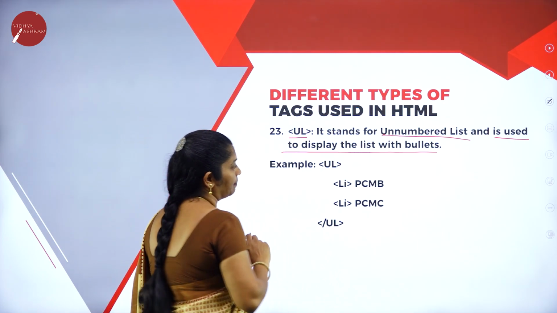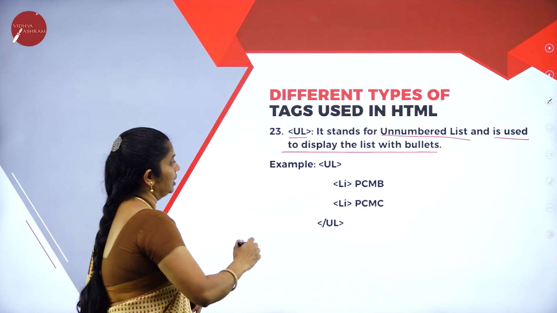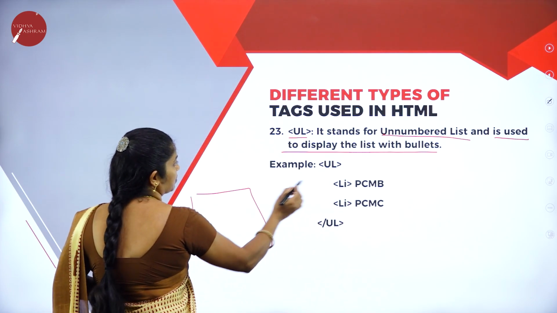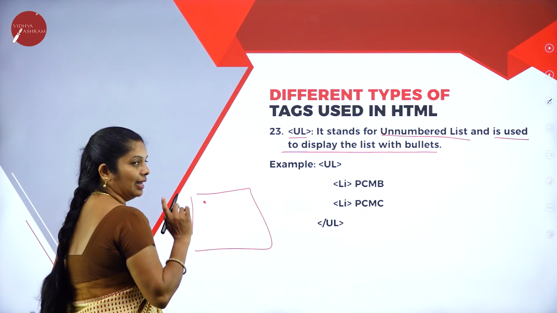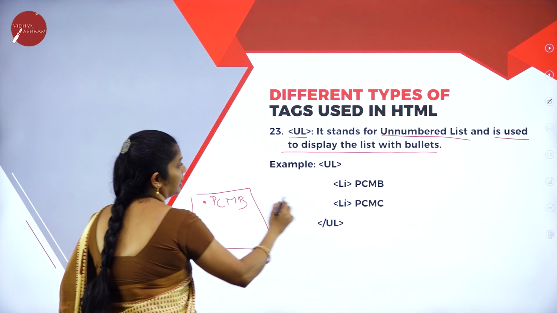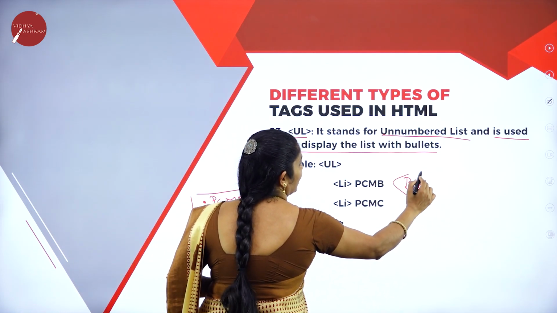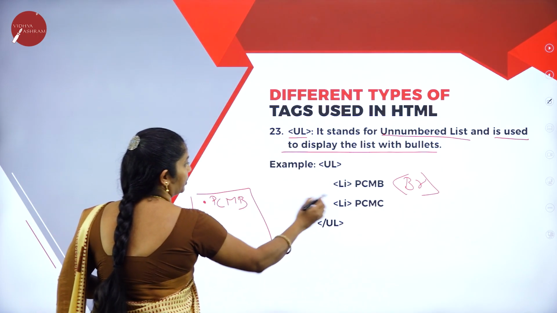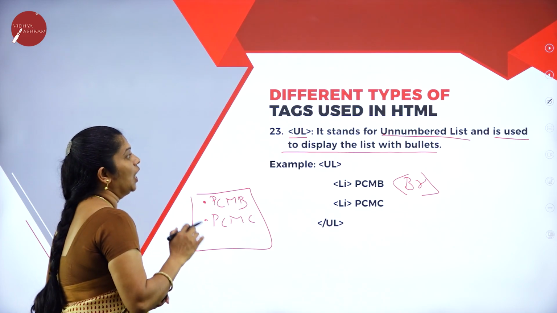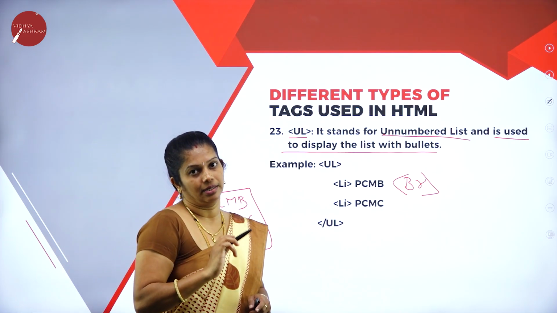And here LI represents list item. Then in the output screen, what will it display? When you write UL, then it will display one bullet. Wherever you write LI, there it will display a bullet, PCMB. Then here if I use BR tag, then in the next line, one more bullet we are going to get here, PCMC. Now is it clear? That means UL stands for unnumbered list.